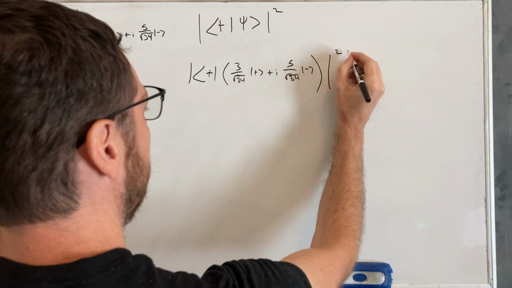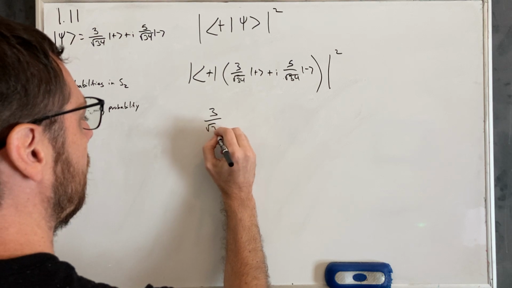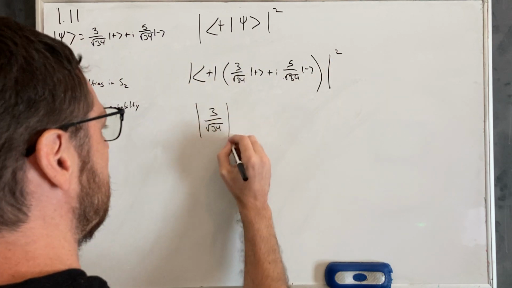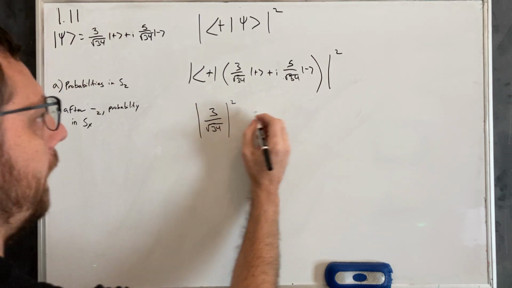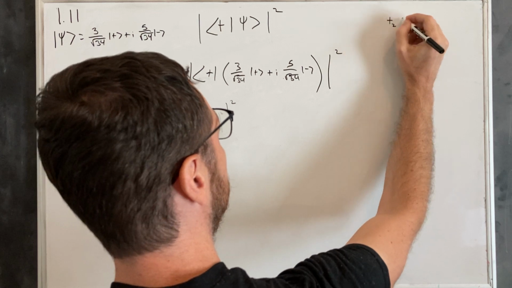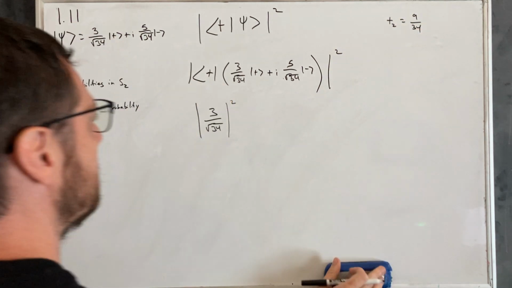And again, it's going to be squared. So a plus and a plus, we'll keep that. So it'll be 3 over root 34. A plus and a minus gets canceled out. So we will go ahead and just square that. And so our up along z is going to be 9 over 34.